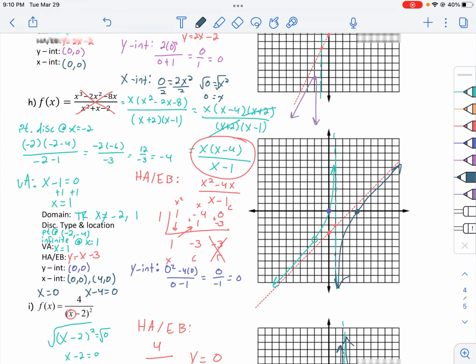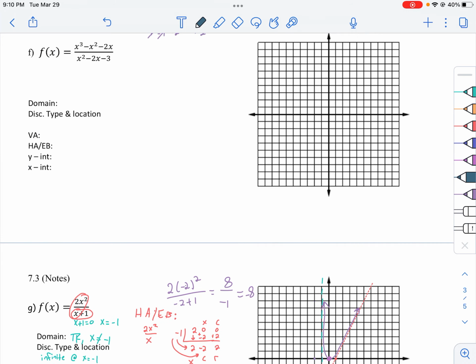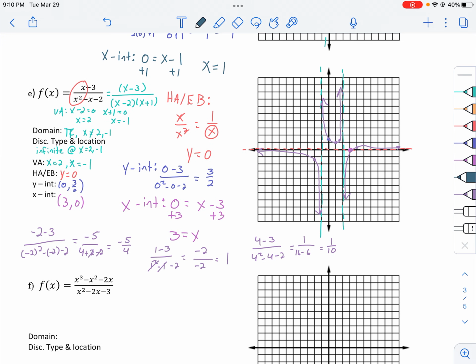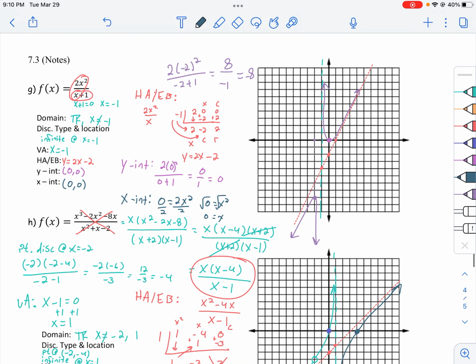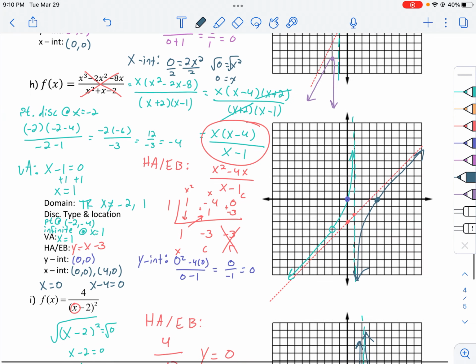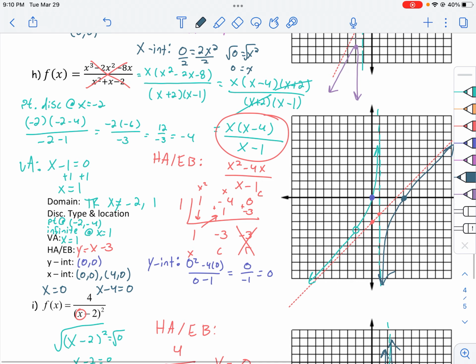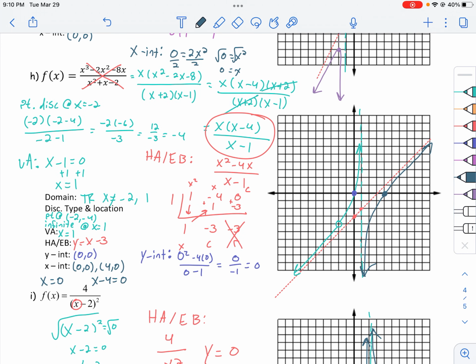So maybe that one was a little bit easier than one where we had to plug in a lot of points, like letter E above. We had to plug in a lot of points in E to get that. But now you've seen almost every type of graph that I would ask you to try to graph. And again, there's a lot of different kinds.